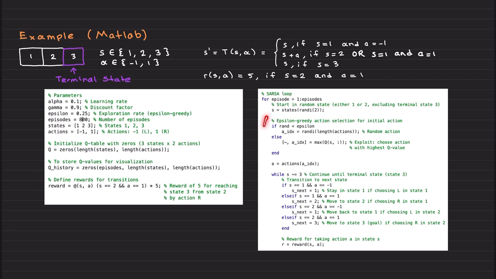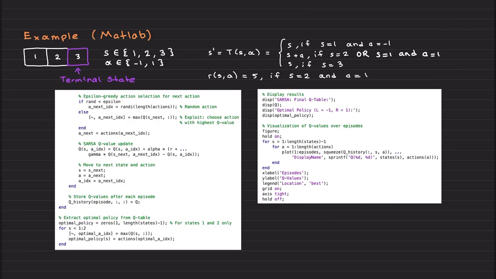We choose a random action. For a given state, we choose a random action and then we apply that action to the environment, and based on the transition function that we don't know, we are going to measure S prime as well as the reward. So this is state, action, reward, SAR.